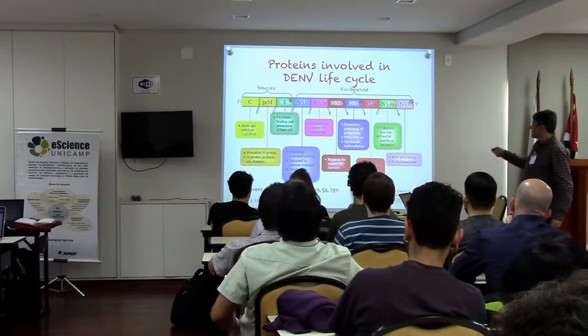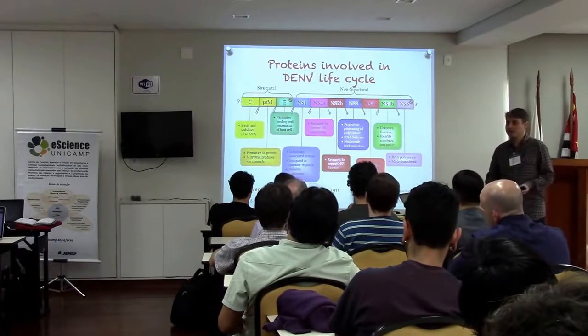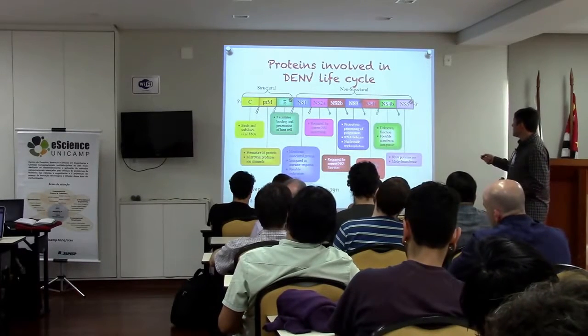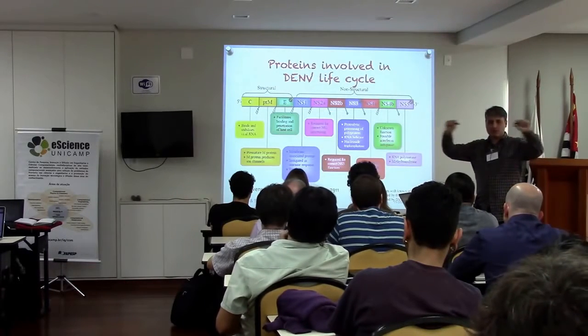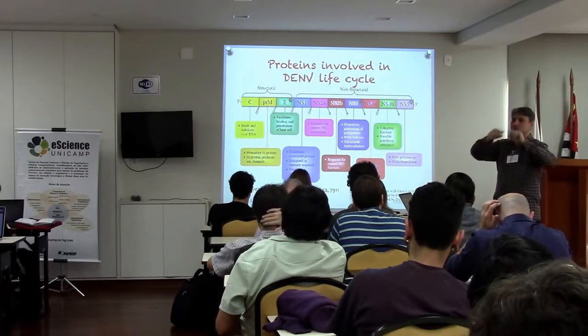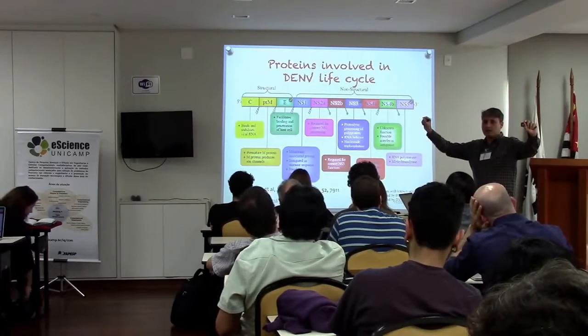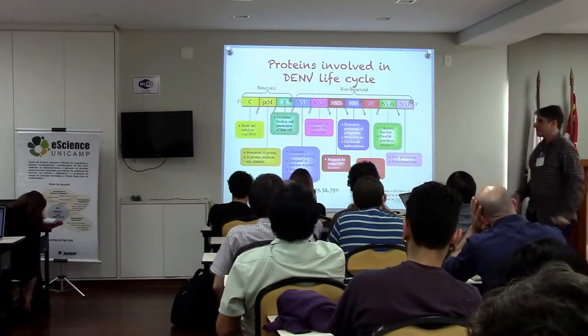It also has about the same proteins that the Zika virus has. And the interesting thing is that the RNA of the virus is translated into a polyprotein, and this polyprotein needs to be cut at some places for the virus to work.